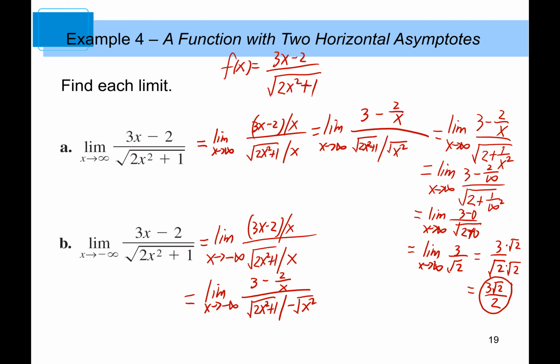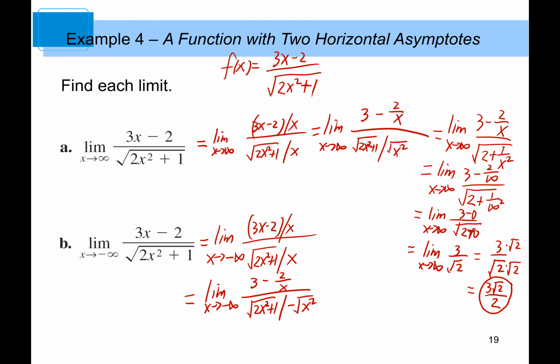Because x is negative. Because after the radical it's always going to be positive, that's why I put the negative sign in front of it.